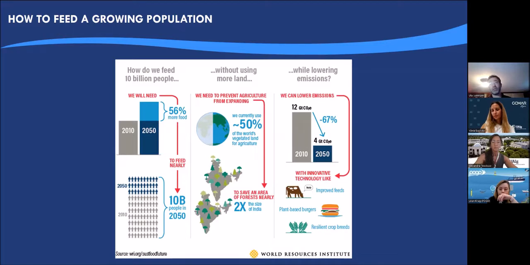We also can lower the emissions if we start using the ocean as our source of proteins. Of course, there's always a chance to change our diet to plant-based food, but obviously not everyone has the mindset to make that transition, and it will take time, but it will get there as well.